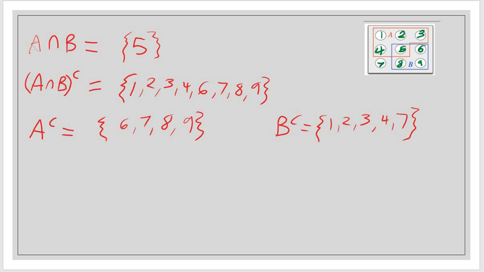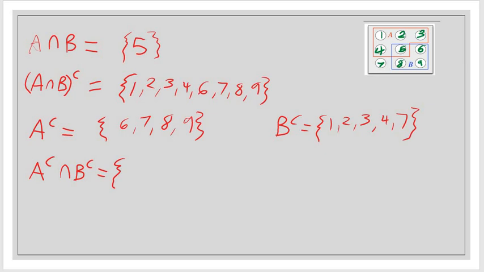Okay, now I can try taking the intersection of these two complements and see if I get anything interesting. So recall the intersection is the upside down U symbol. So this means I want what? Everything that is in this set and also in this set. Now, I don't find 6, 8, or 9 in B complement.